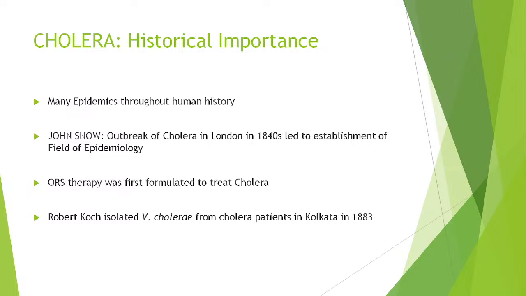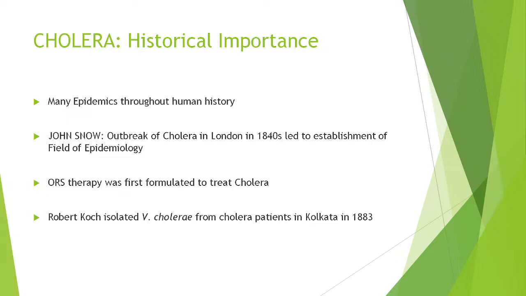Okay, so this fellow John Snow, based on the classical pattern of distribution of patients where they reside, he found out the point source outbreak in a water supply tank. And this led to the origination of the field of epidemiology.